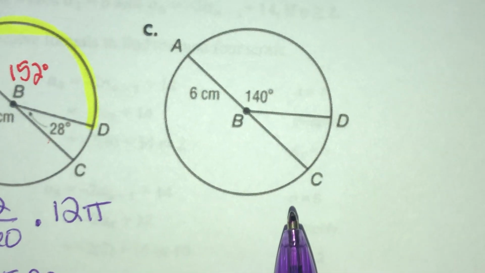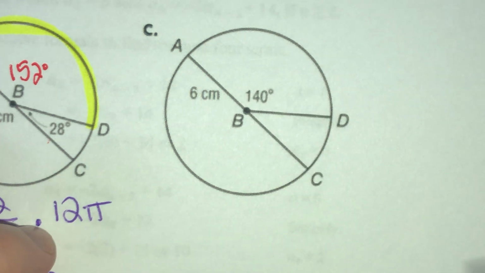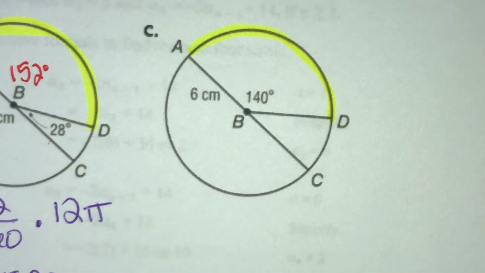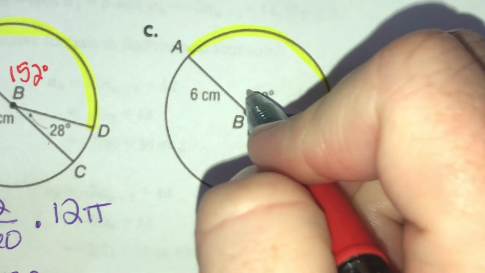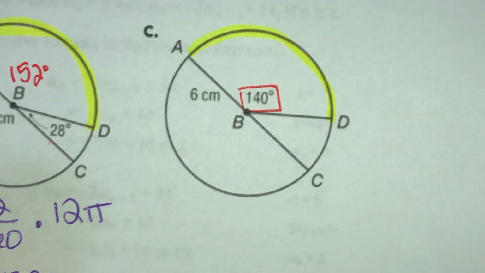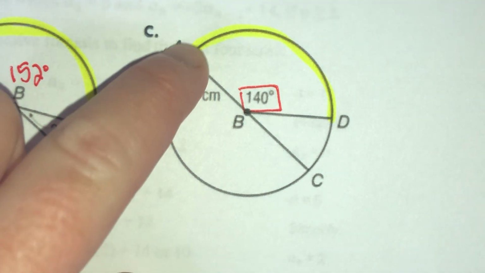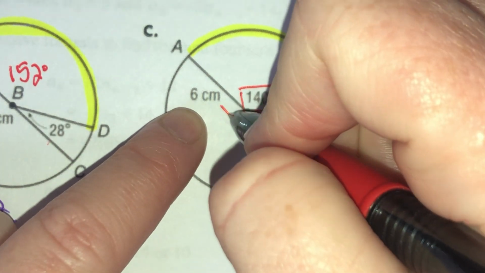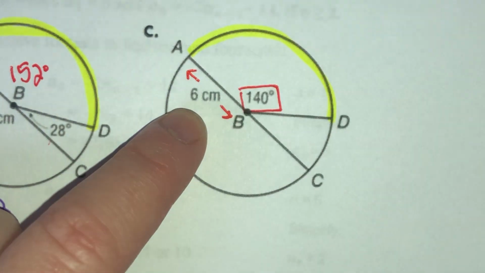So distance around the whole circle, my little portion length, my little portion distance. That's all we're finding. Here, same thing, we're looking for DA again. It looks like a similar portion of the circle. This time it's 140 degrees. Okay, so for the arc length of this guy right here, it gives us the radius. You can always tell if it's diameter or radius.